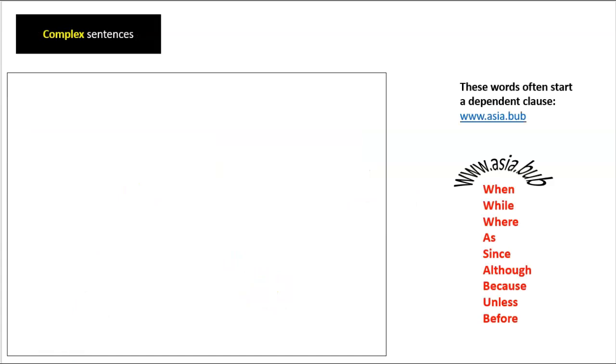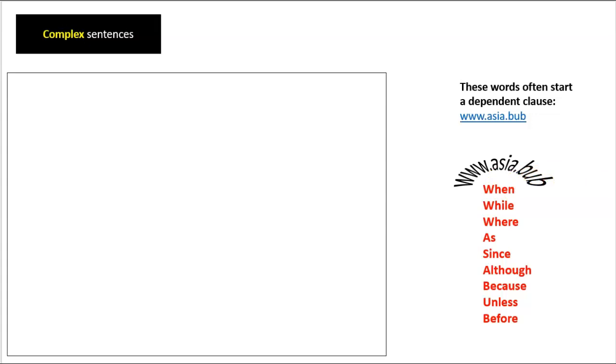Easy peasy, right? This is where we get into the complex sentences that get a little bit more confusing. Now, earlier in the year, I taught you how to add one of these words to a subject and a verb, and it no longer can stand on its own because these change the meaning. One way to remember is www.asia.bub.